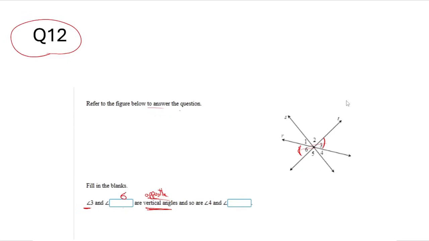And so are angle 4, and what is the opposite for angle 4? Angle 1. And so angle 2 is opposite to angle 5, right? So the answer is angle 6 and angle 3 are opposite or vertical angles, and angle 4 and angle 1 are vertical and opposite angles.